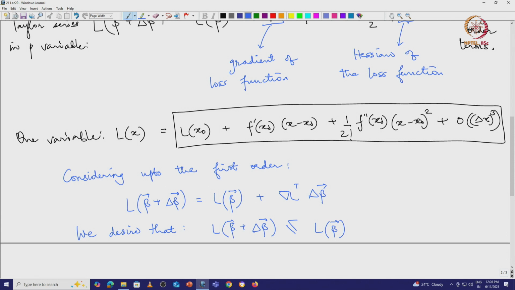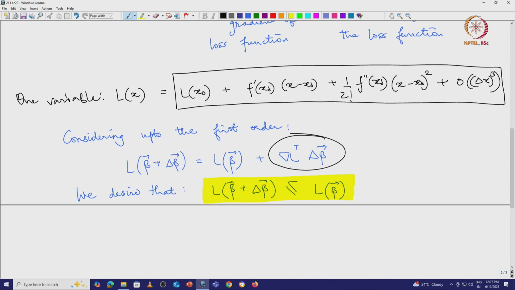If you recall, we are trying to minimize the loss function so that we get the optimal set of parameters. So, it is extremely important to ensure that the new value of the loss function when you have updated the parameters is less than or equal to the previous value of the loss function. So, how do we ensure this? So, this can only happen if the second term here on the right hand side is less than or equal to 0.